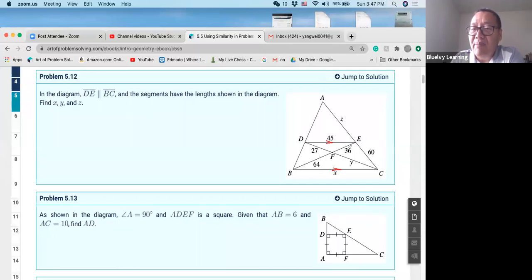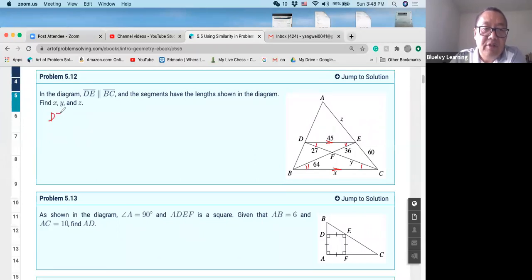Another, DE parallel with BC, that means triangle DFE will be similar with triangle FBC. Why? Because this angle will equal this angle. This angle will equal this angle, right? So then we got two pairs of triangles that are similar.